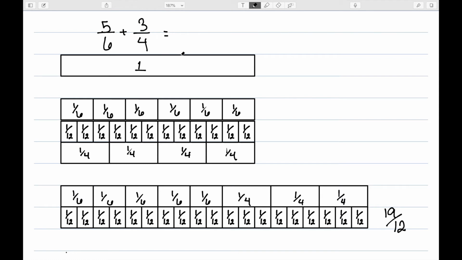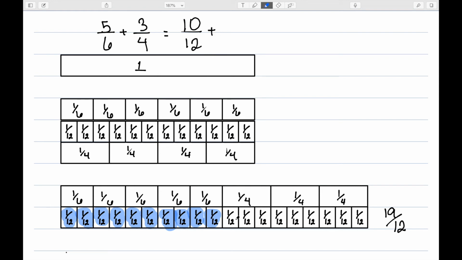So what this corresponds to, we rewrote 5 over 6. Instead of 5 pieces of each 1/6, we can see we had a total of 1, 2, 3, 4, 5, 6, 7, 8, 9, 10 pieces that were each 1/12.